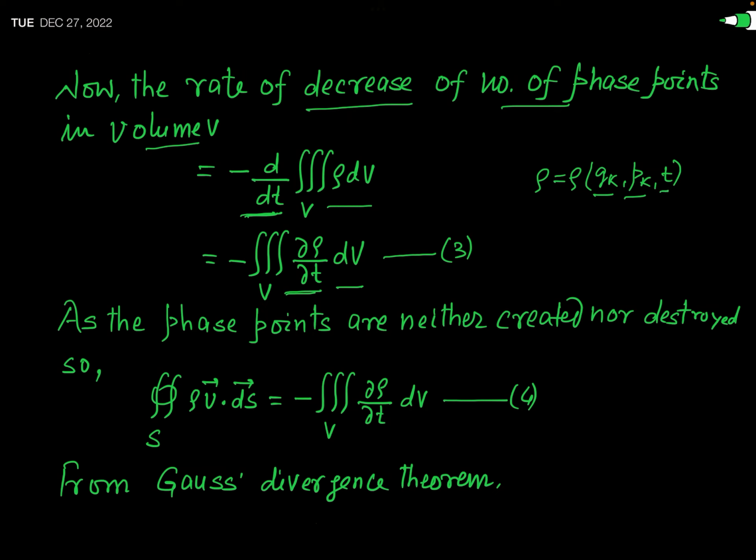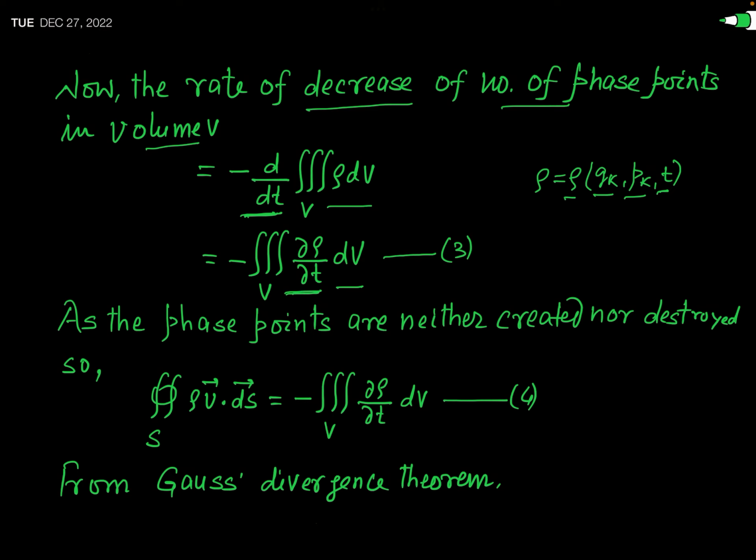Here we are differentiating rho with respect to t, but since rho is not only a function of t, if your aim is to find the time derivative of rho, you have to keep the other variables constant, and that's why we take the partial derivative instead of the ordinary derivative. Okay, so I think you have definitely understood why this operator d/dt has been changed to del/del t when it is operated on this function rho.